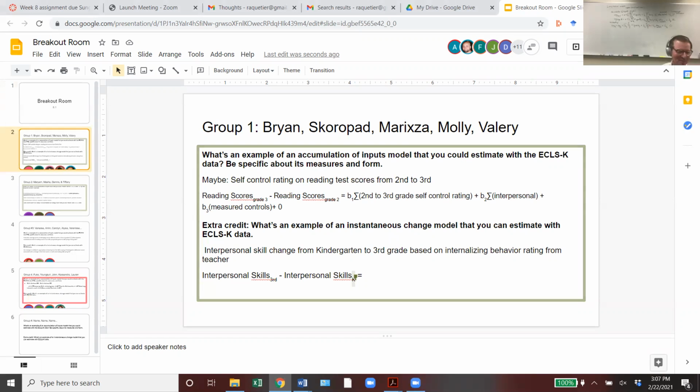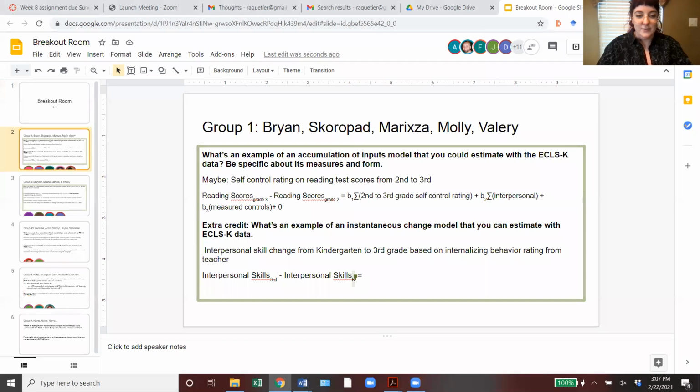Quite all right. So we were thinking that we might be able to observe the accumulation of reading score inputs from 2nd to 3rd grade based on the self-control rating.